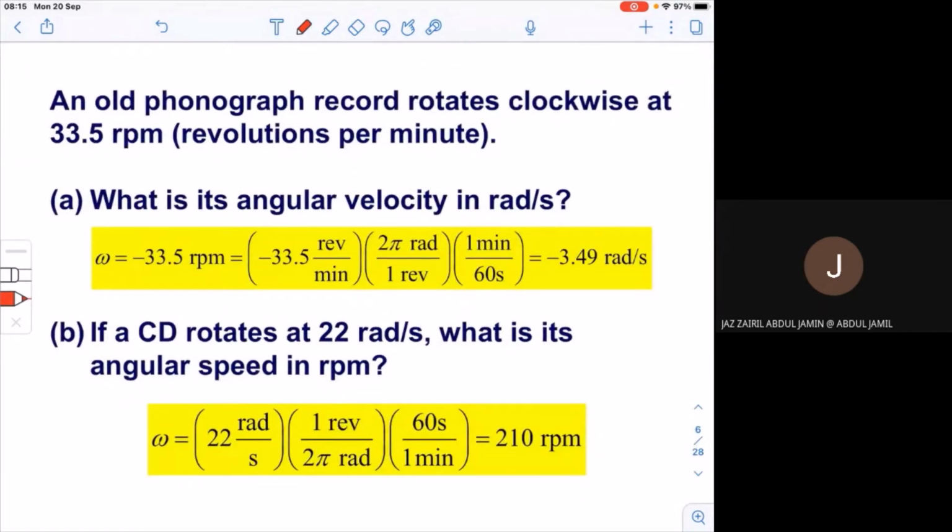For example, one simple problem. An old phonograph record rotates clockwise at 33.5 RPM.